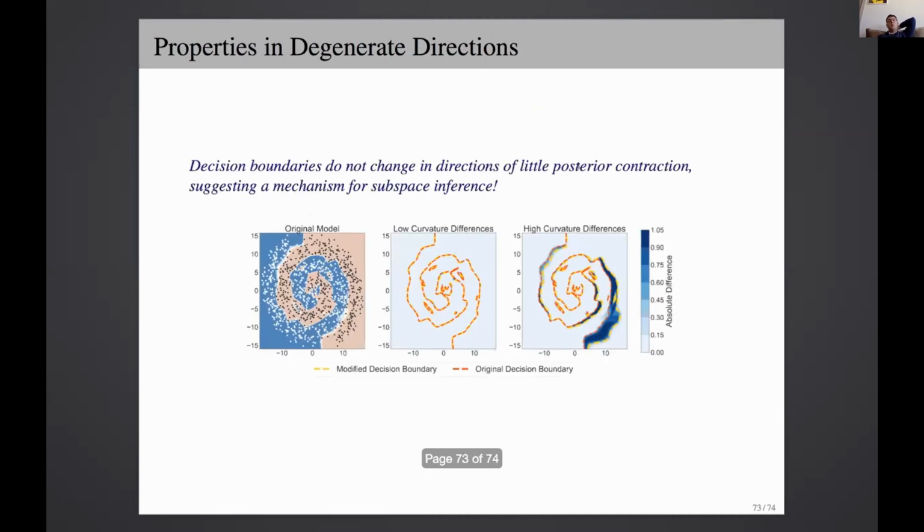In fact, we did show that if we move in the directions given by the eigenvectors of the Hessian corresponding to the smallest eigenvalues, there was actually a lot of functional homogeneity. So we didn't see a lot of variation in function space as we move along those directions in parameter space. And so this actually provides an explanation for why we can compress so effectively in procedures like subspace inference, where we found that even in a 5-dimensional subspace, we could get a lot of functional heterogeneity.